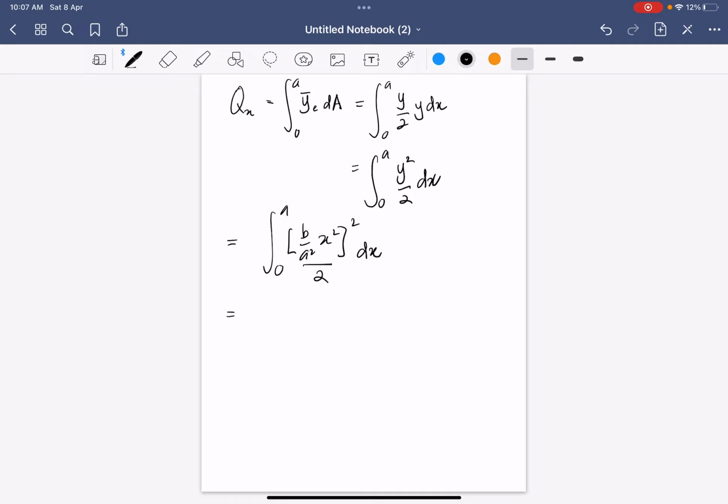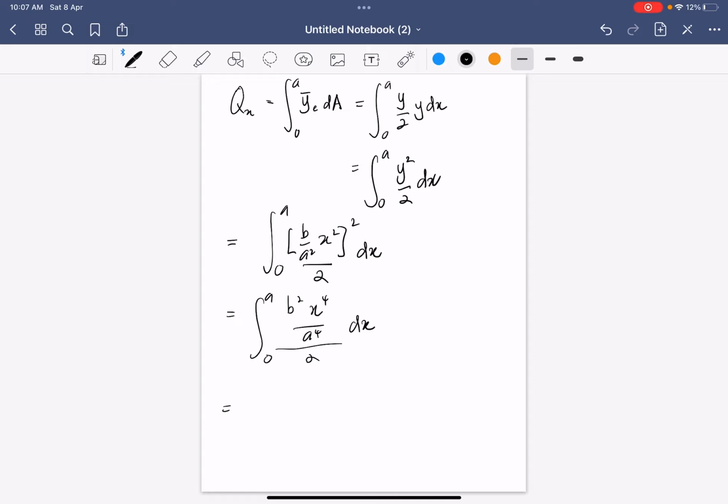So expand them. The equation becomes b squared x to the power of 4 divided by a to the power of 4, over 2, dx. Simplify this one.